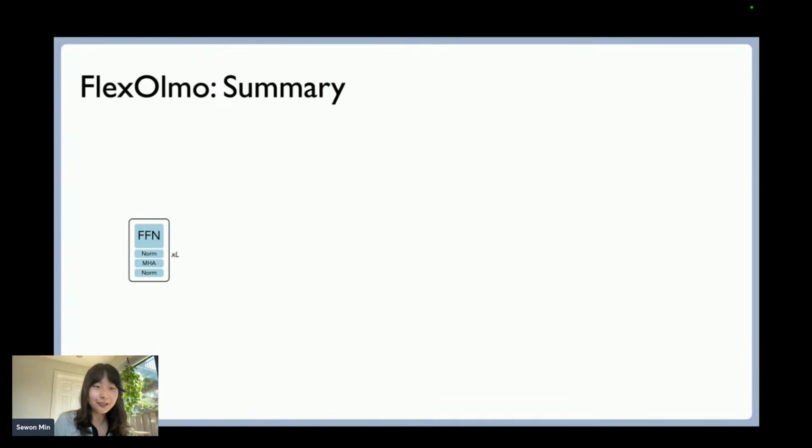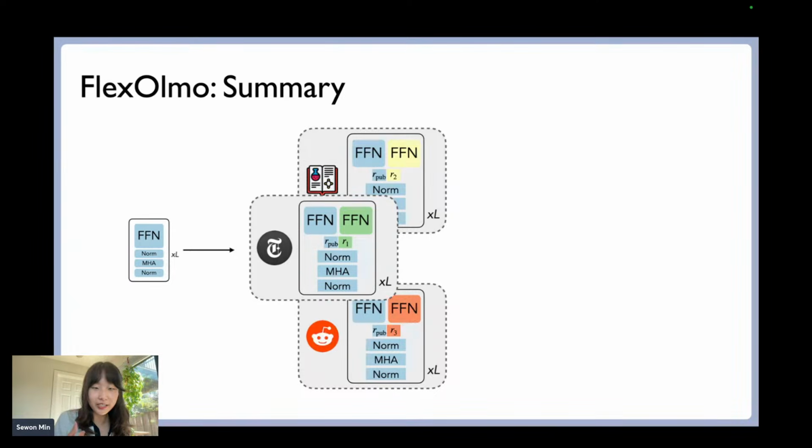So these are 2 ingredients, and just to summarize the big picture, this is how FlexOlmo works. We start with a model that is trained on public data only. So this is shared across everyone. And then each data owner takes it and does some modular training locally on their data.